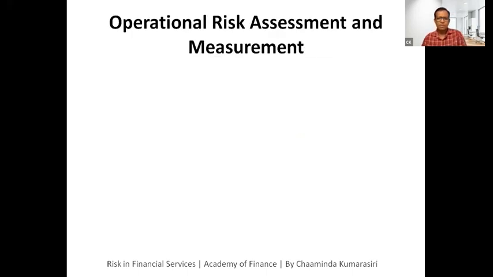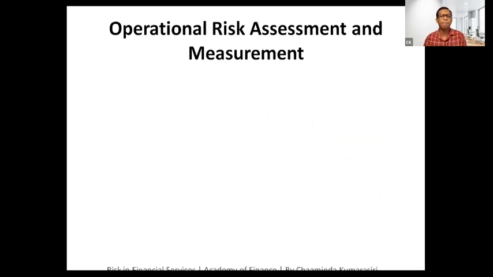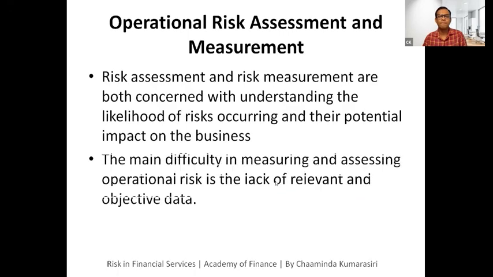Right. Then we come back to operational risk management and measurement again. I explained to you about the likelihood and occurrence part. Now, one of the challenges we have when we measure or assess the risk is we need relevant objective data.